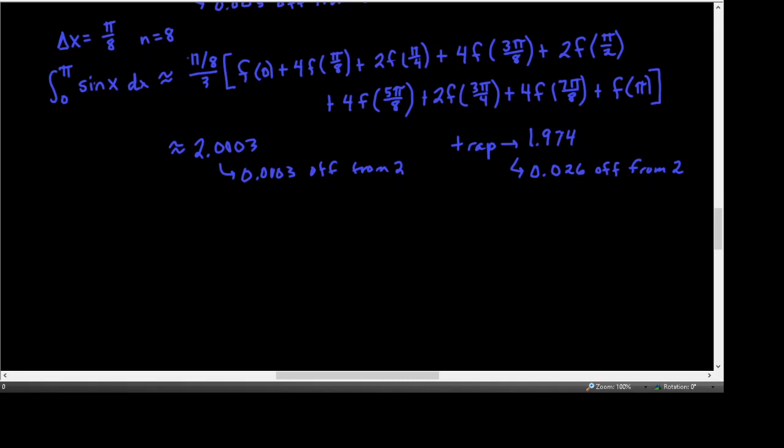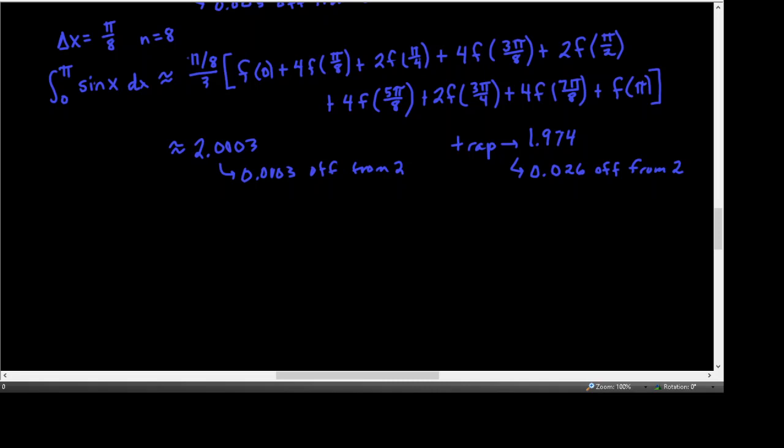Don't memorize that. If you need to, you'll be substituting in b and a and n, and you'll have to calculate the absolute value of the second derivative and find out what its maximum value is on the interval from a to b, and then put it into that formula.